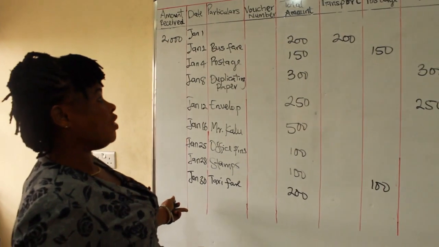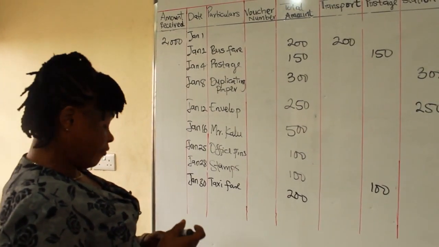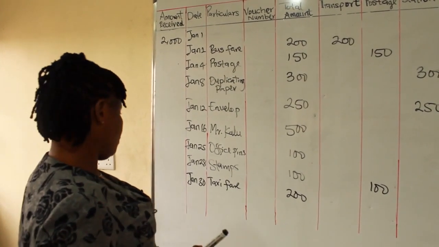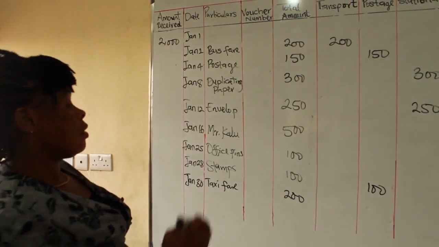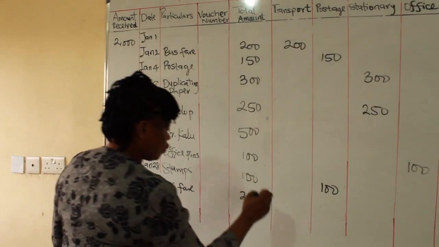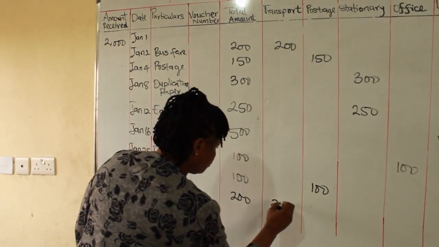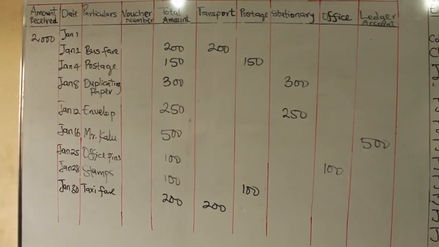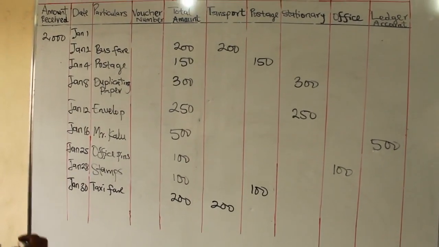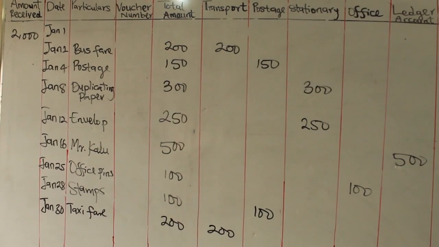Now, on the credit side, you ask yourself, where should I post it? You locate where taxi fare belongs. Taxi fare belongs on the transport column. You bring it down here. And that is all about the posting for this particular cash book.